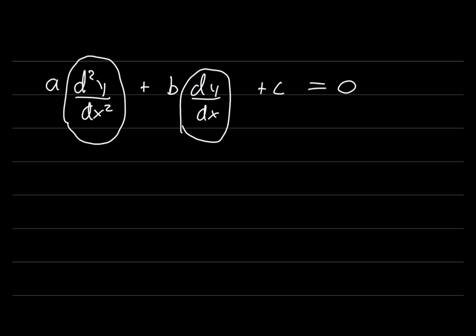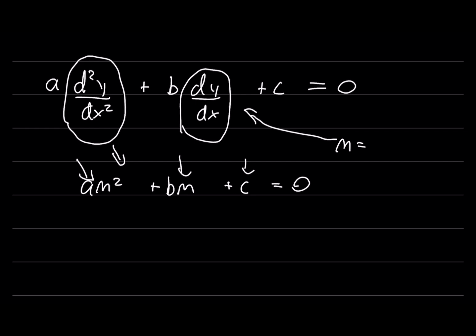For example, we would have a m squared plus bm plus c equals 0, where m is equal to dy by dx. When we get this, what we actually have now is a quadratic equation, and this will allow us to solve second order differential equations when they're homogeneous.